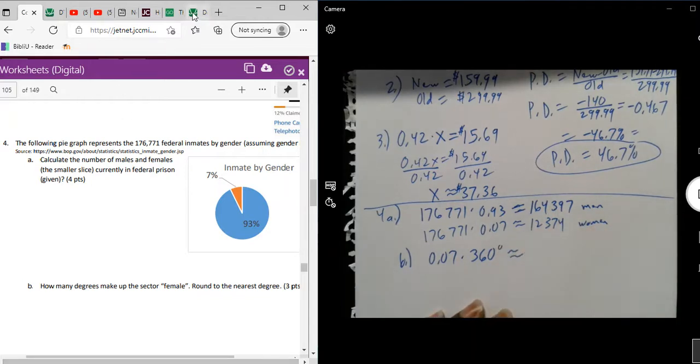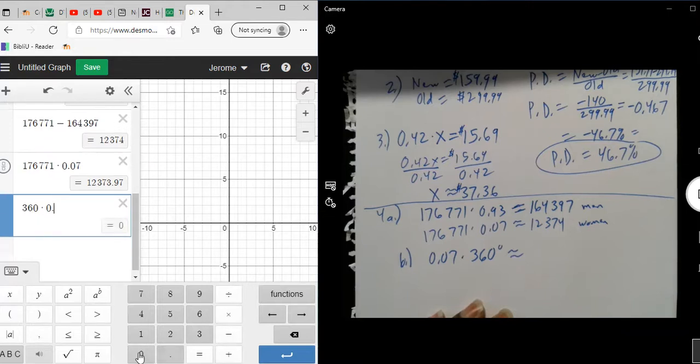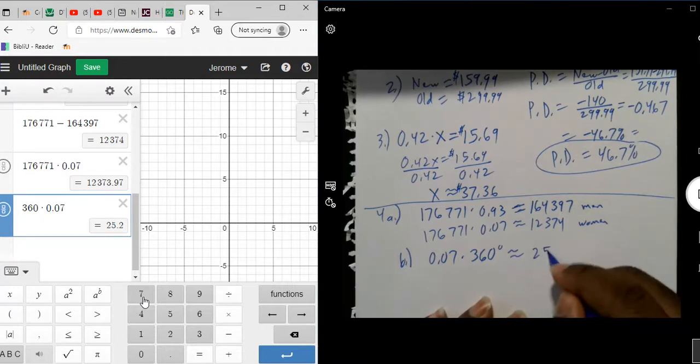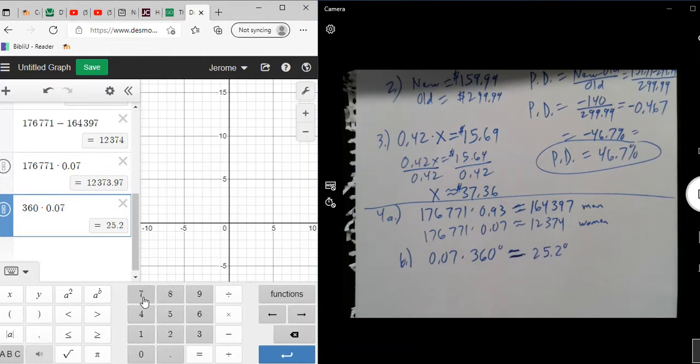So now we will put that in our calculator. 360 times 0.07, and that'll give us 25.2. So it'll be 25.2 degrees. And you know, we could use the solid equal sign because we're not rounding.